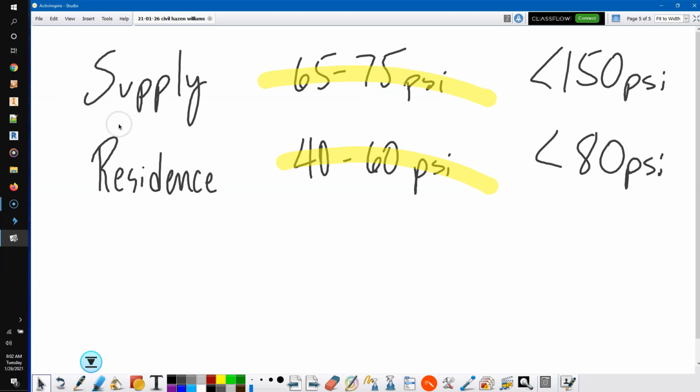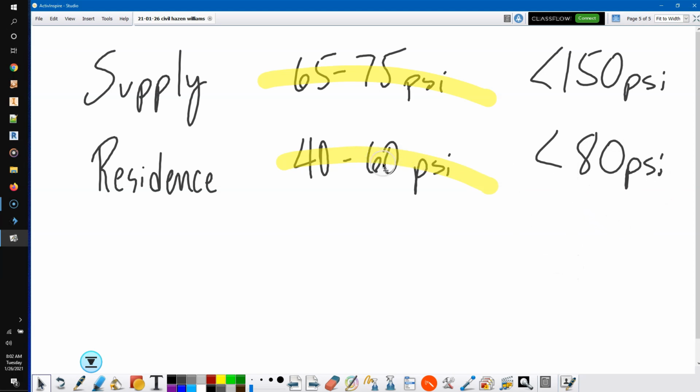And that's for the supply. When it gets to your house, the residence, it gets throttled down to between 40 and 60 psi. That's what we want to see there in your house. And it can take a spike of up to about 80 psi. Once you pass that, you're going to have leaks and damage.